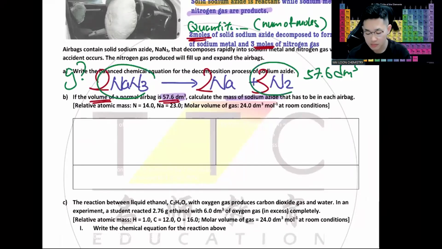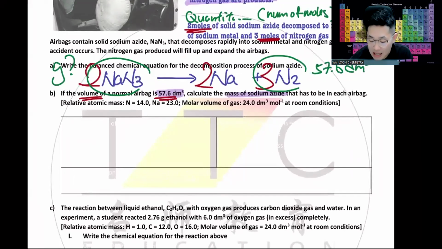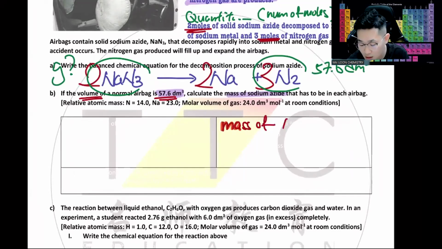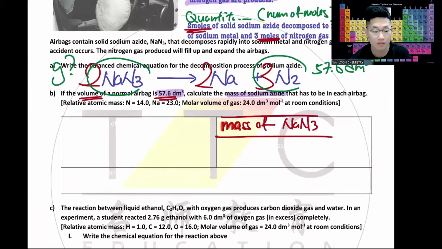Like guys, this is what I will normally do. They want me to find the mass of, I will always write down the mass of what they want me to find. NaN3. I write it in formula form. That's what they say. And then the information they gave me is 57.6 dm cubed of N2.